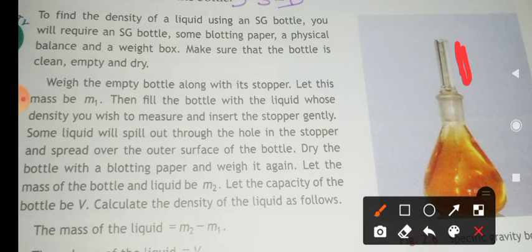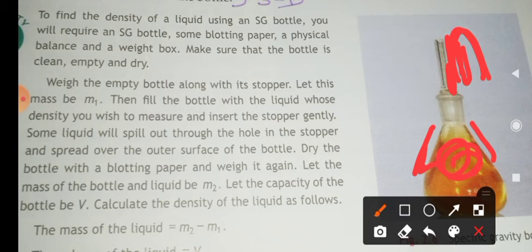When the bottle is filled with a liquid, the stopper is pushed in, and some liquid flows out of the hole. The volume of the liquid that remains in the bottle is exactly equal to the volume marked on the bottle. So what is the volume of the liquid present in the bottle?